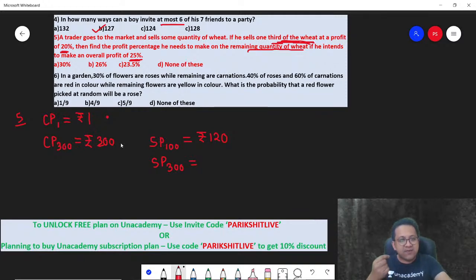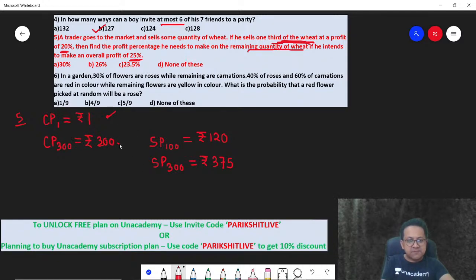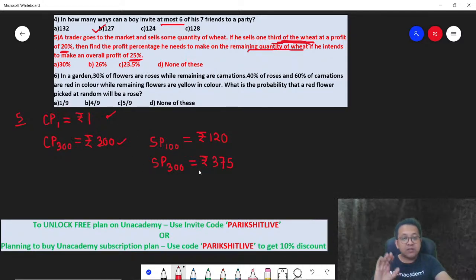So if you need 75 rupees profit, total selling price should be 375. Why 375? Remember, I made an assumption: cost price of 1 gram is 1 rupee, so 300 grams, 300 rupees should have been the cost price. You are making 25% profit, so 25% of 300 is 75. So basically you are selling at 75 rupees more. Correct? So you got this.